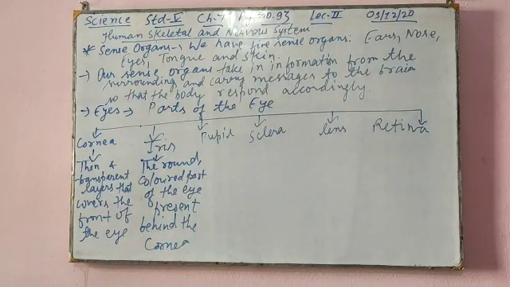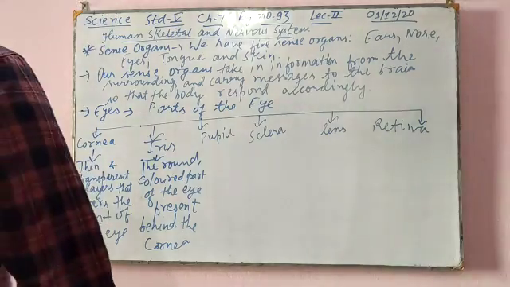Next we'll go to pupil. The opening at the center of the iris, through which light enters the eye.